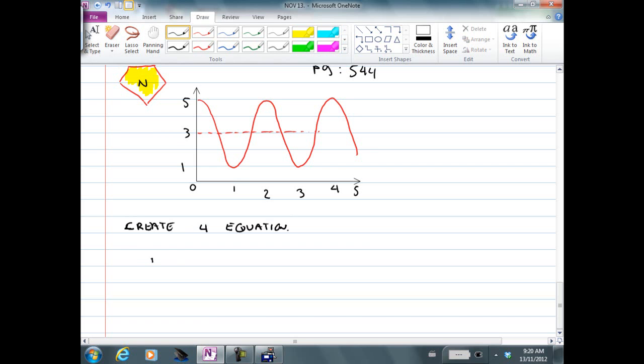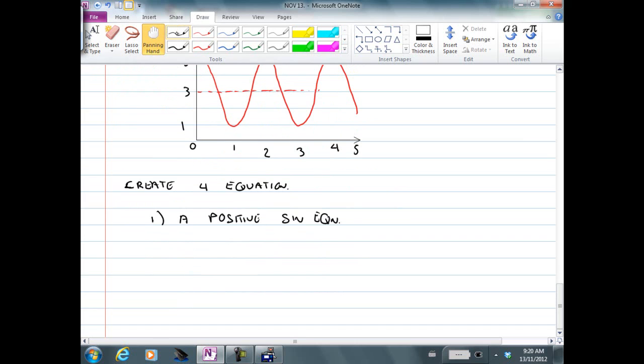My first equation must be a positive sine equation. You have to create a positive sine equation. That's my first one I want. Second one, guess what you're going to create? A negative sine equation.